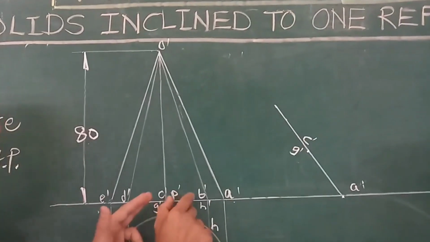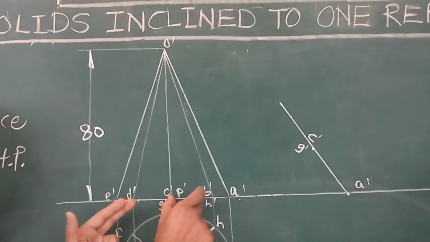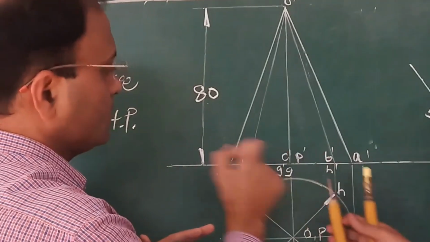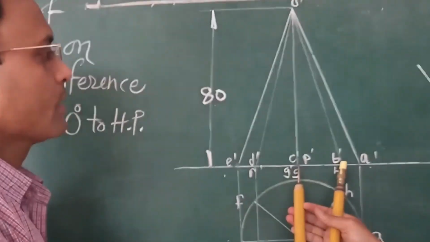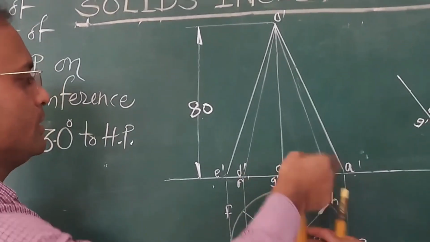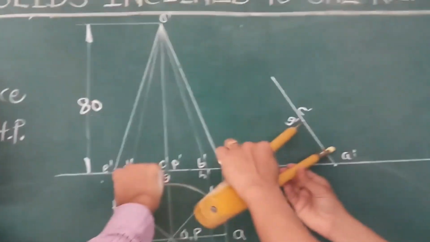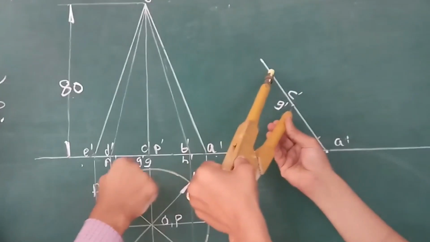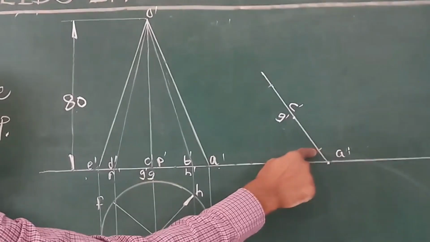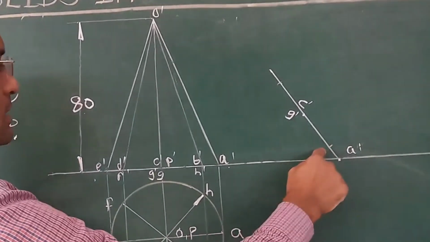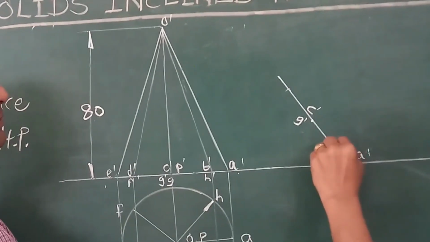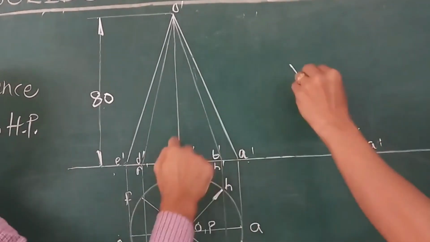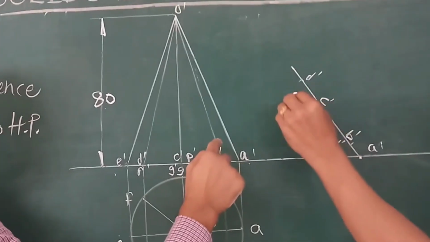And now we have to reproduce this. So with respect to C dash, by using compass you can measure distance of B and D. So take distance of B, which is the distance of D also, and mark these 2 points. So these are points respectively B dash, H dash, and these are the points D dash, F dash.